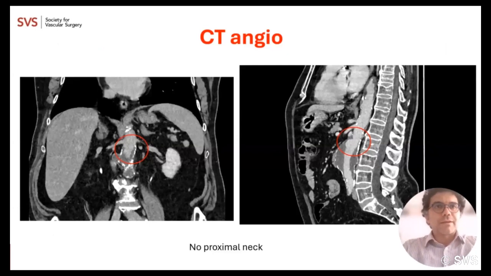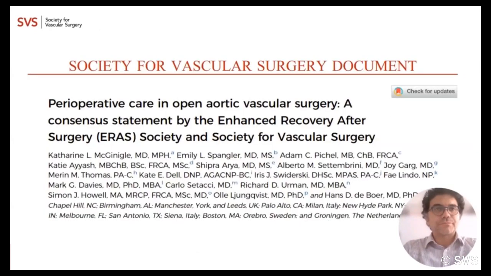Here you can see the proximal bulging and the thrombus quite close to the superior mesenteric artery, so that there was no proximal neck for EVAR. We decided to treat him with open repair, so with the ERAS protocol.